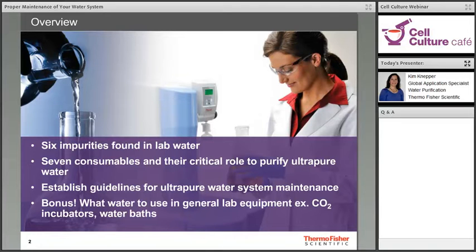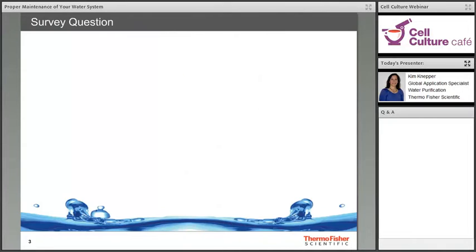Understanding those different components in the water system will help identify why they need to be changed. We'll also point out guidelines for setting up standard maintenance for the ultrapure water system for consistent quality. And lastly, as a bonus, we're going to talk about the types of water to use with general lab equipment that do not require ultrapure water, such as water for humidity in CO2 incubators and for water baths.